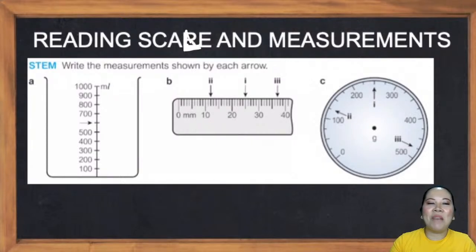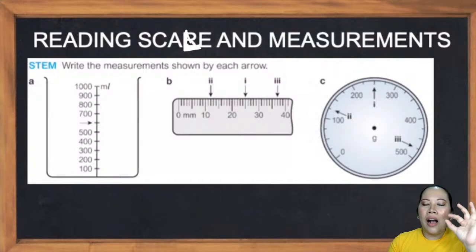If you are asked to read scales, the first thing you have to do is identify how many lines are in between and what the measurement is from one line to another. Or otherwise, you count the number of lines in between and divide it by the difference.